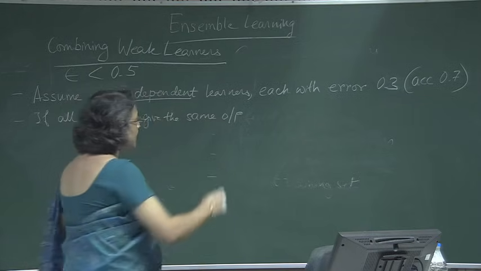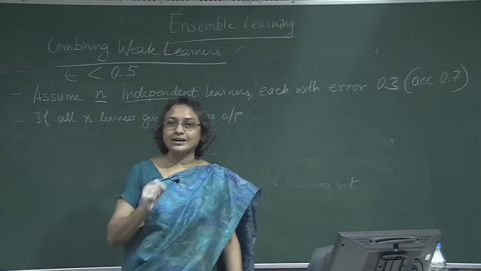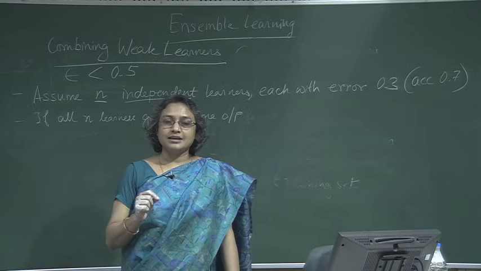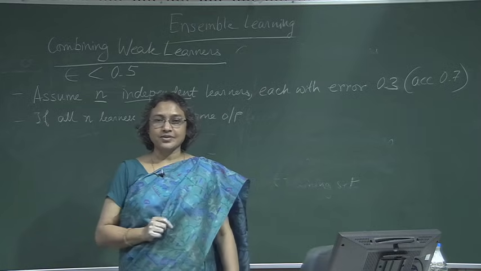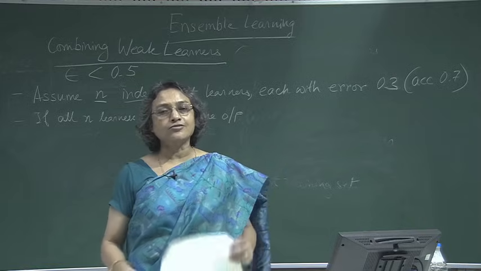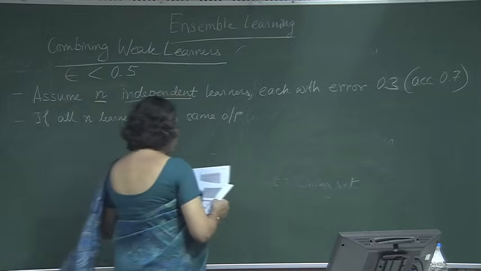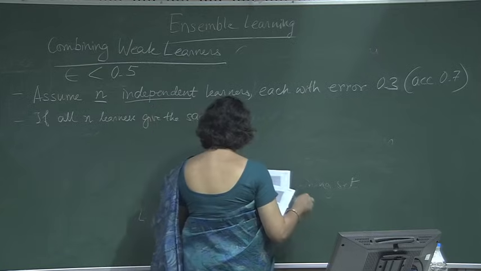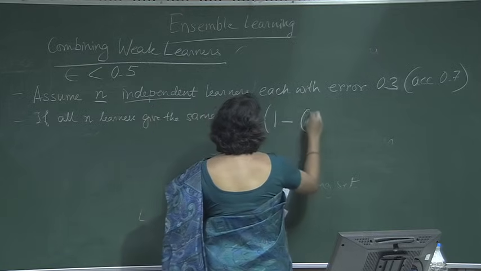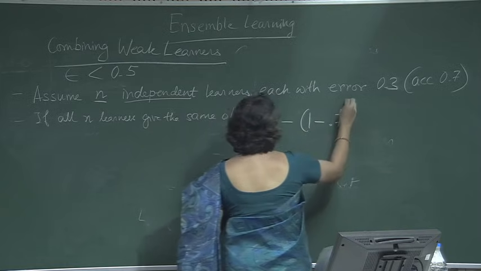Because the learner has accuracy 0.7, if you use one learner, your confidence is 0.7. But if you have 10 learners, all of them saying positive, then what is your confidence on the resulting ensemble? So, you could say that your confidence is 1 minus 0.7 to the power 10.